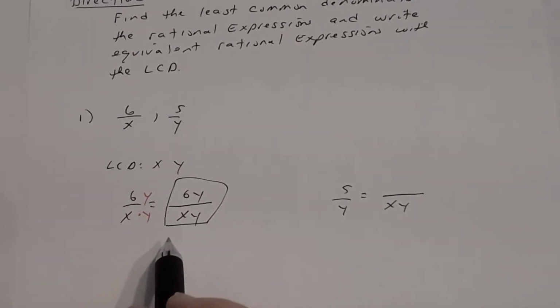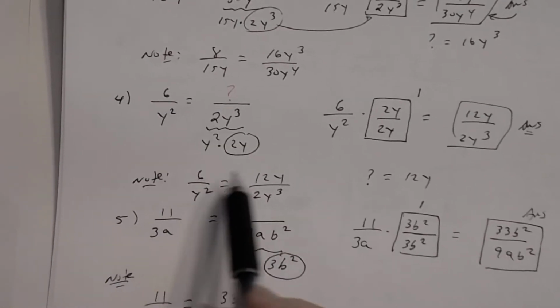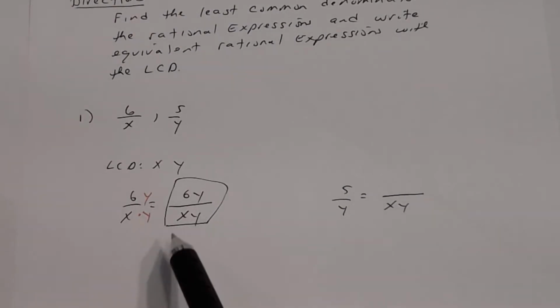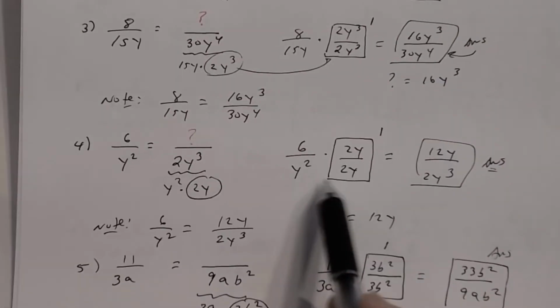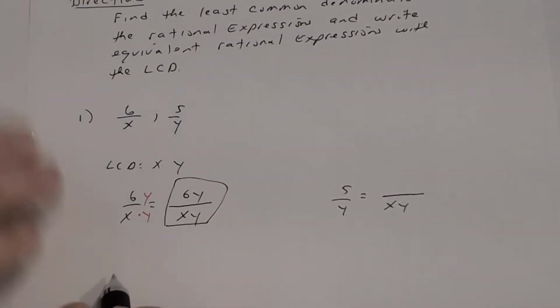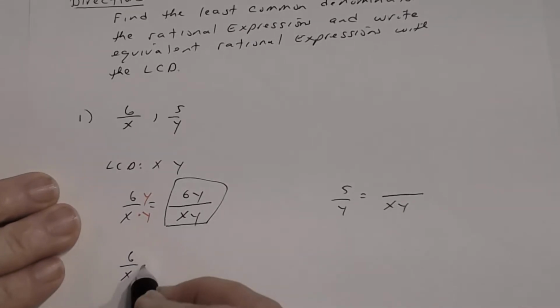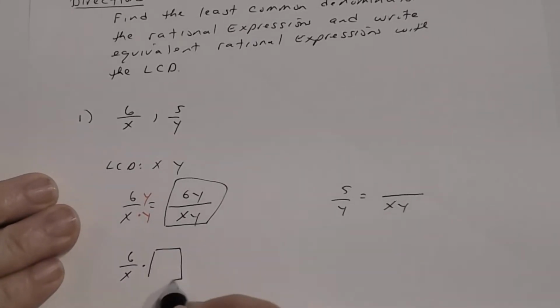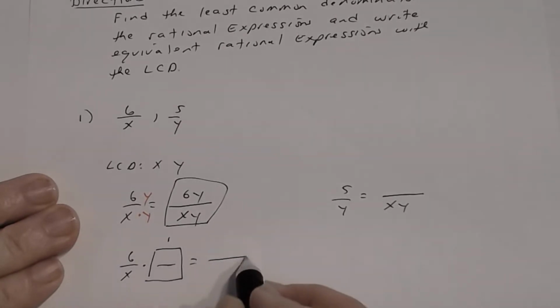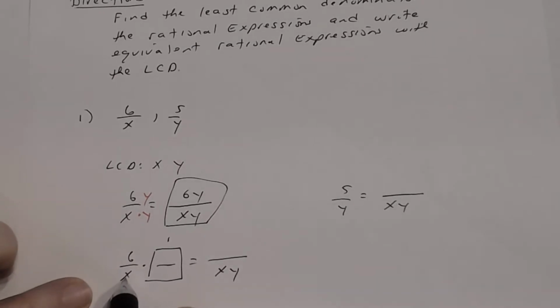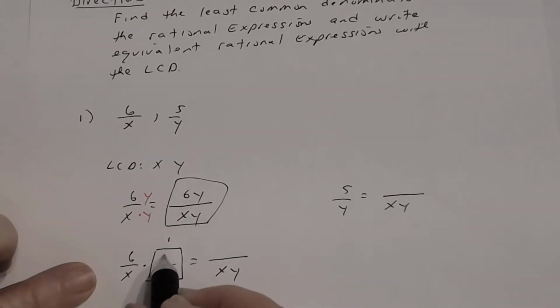But remember we did it in the last lesson, and to understand why this is true: if I take 6 divided by x, I've got to multiply this by some expression that's equal to 1 to get a denominator that's xy. If I multiply x by y, I will get xy, but what I do to the denominator, I do to the numerator.